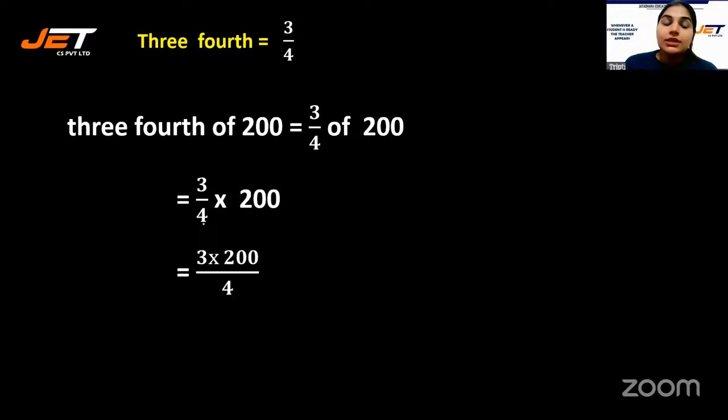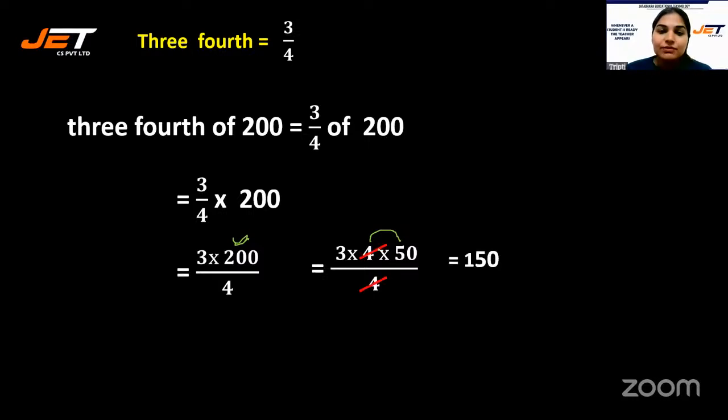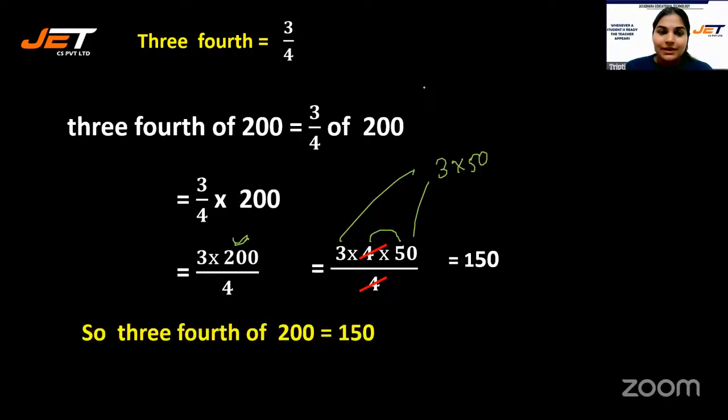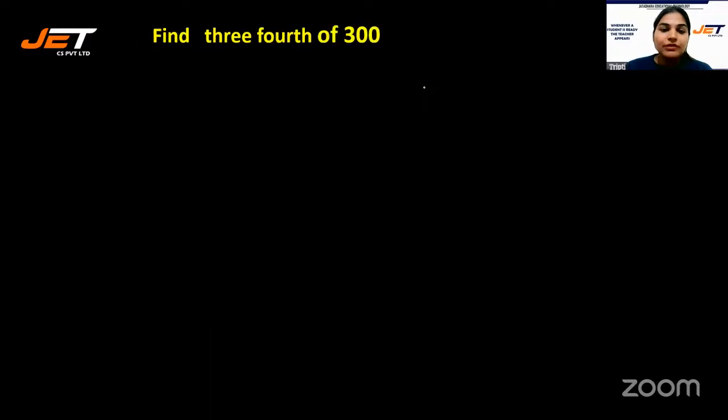How can I write 200 with respect to 4? 200 is 4 times 50. Now 4 and 4 being cancelled, I have got 3 and 50. So 3 times 50 is 150. So 3/4 of 200 is 150.